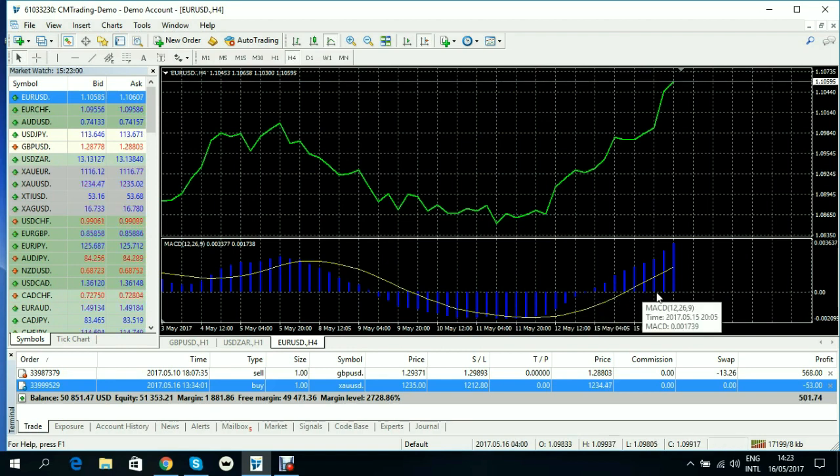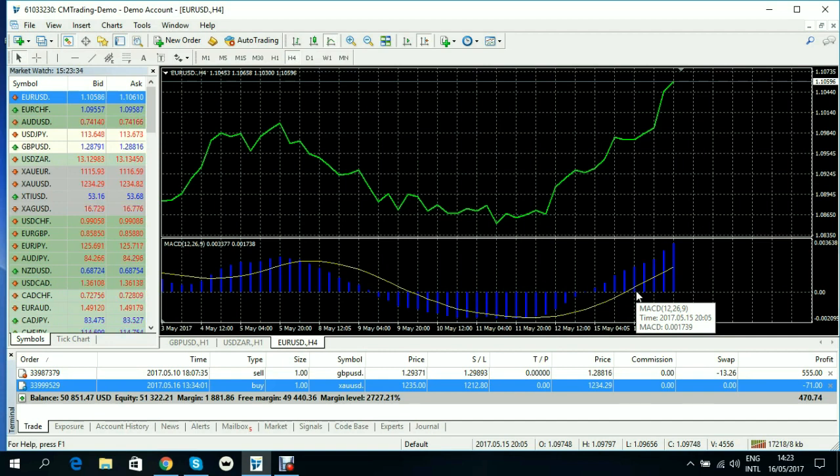So you see these bars, they have crossed and they are above the 0. Then also the signal line, this moving average, will also have to cross the zero upward.